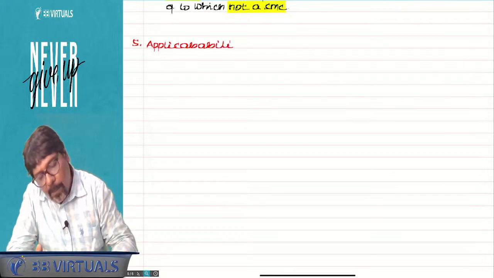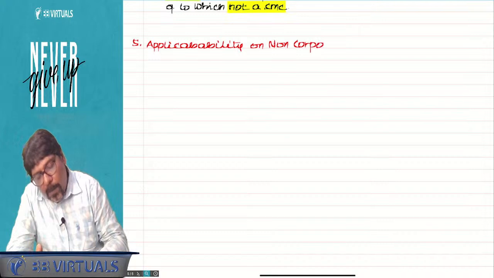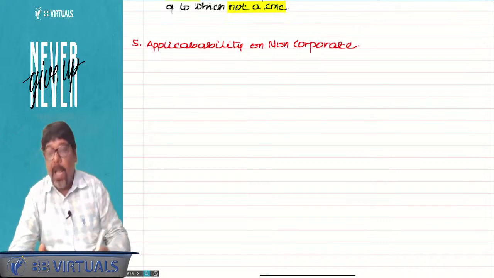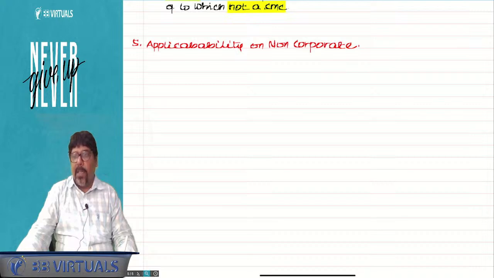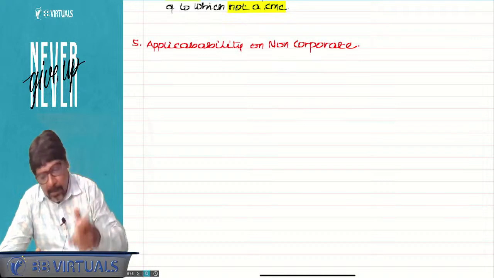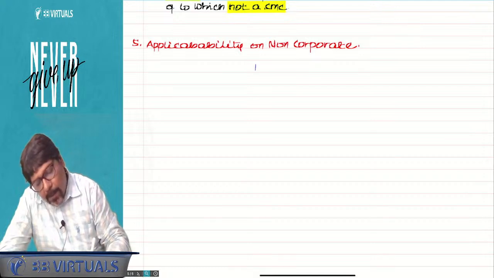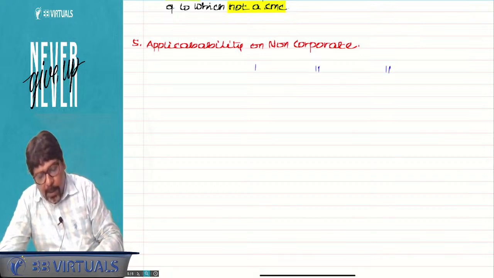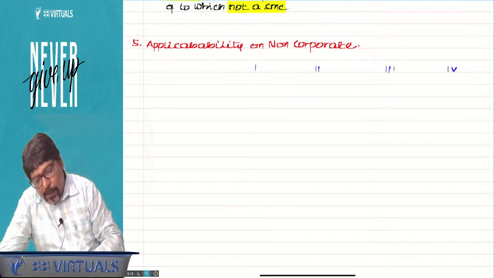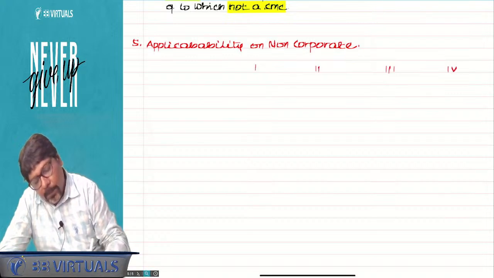Applicability on non-corporate entities.